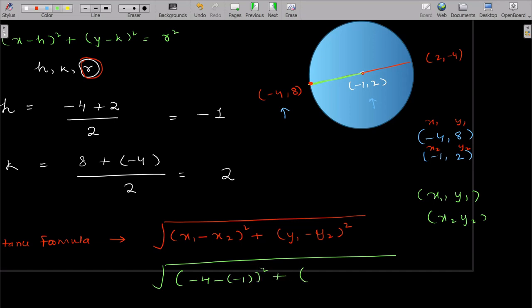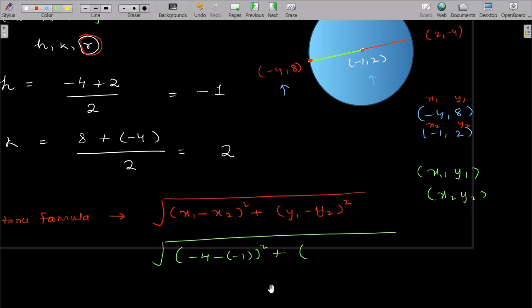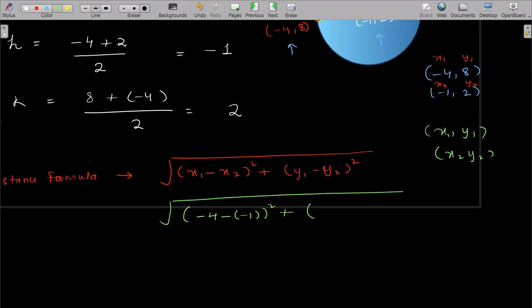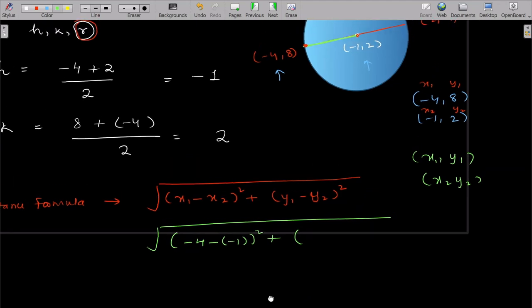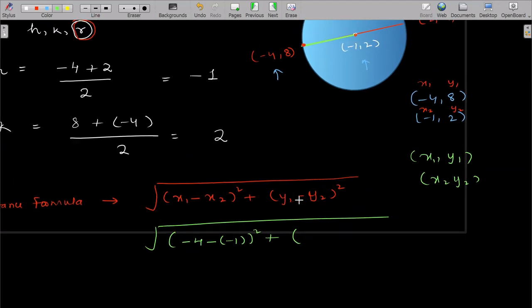Would the value be 6? You mean the final value? Yes, final value. I think it is 3. It should be 3. Can you check your calculations?